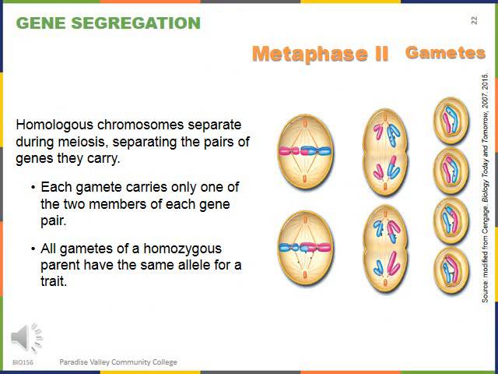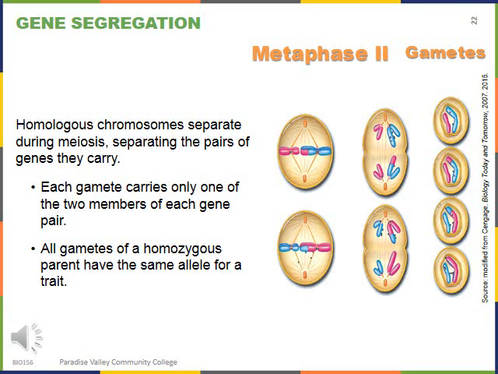For this slide, we're going to talk about gene segregation. So think about that for a minute. Go back to what you know about your sister chromatids, what they look like. You should be picturing the letter X. And then in meiosis, we had crossing over and random assortment. Here we're going to talk more about how we get the genes into the gametes, basically. All right, so we start with those homologous chromosomes.